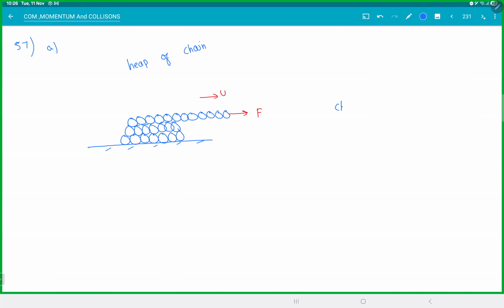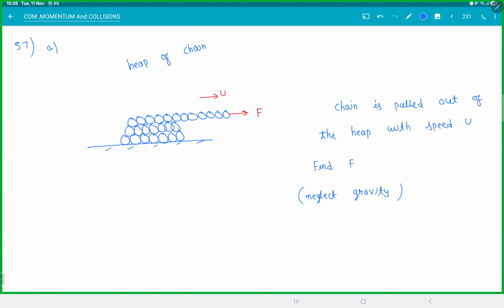Neglect gravity. Chain is pulled out of the heap with speed v. So there is a big heap of chain, and you started catching a chain and pulling it. Find f. Neglect gravity. So with how much force should you pull so that the chain comes out with constant speed? Standard question.